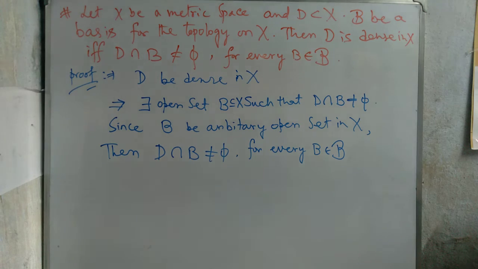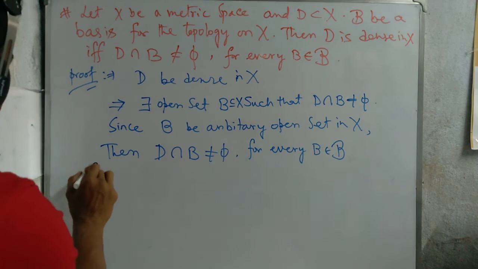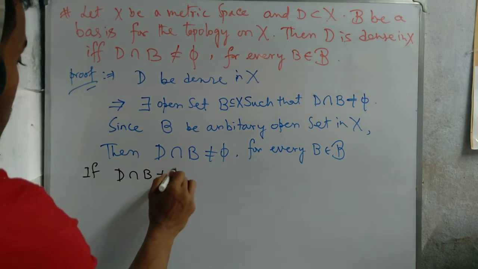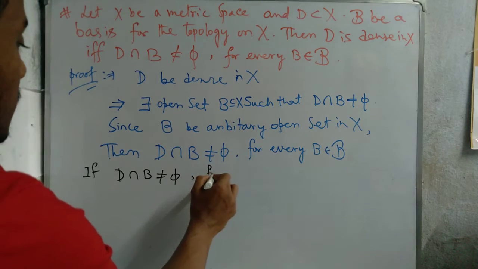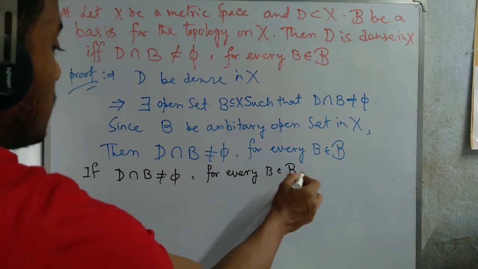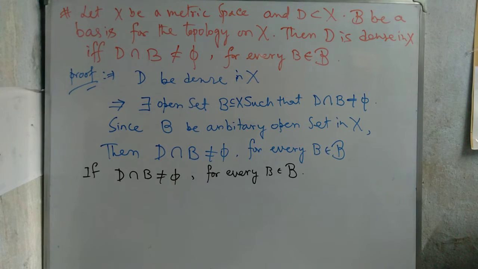Now we go on to further discussion of that. If D intersection B is not equal to phi for every B belonging to script B, then obviously B is a basis for the topology on X, then D is open.